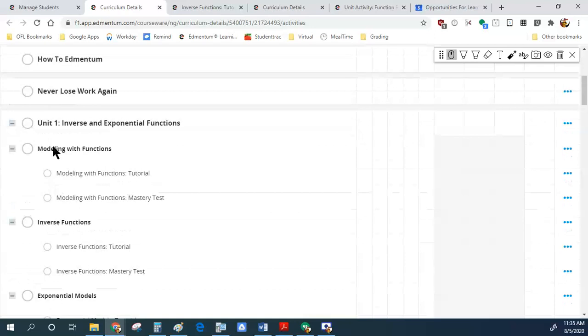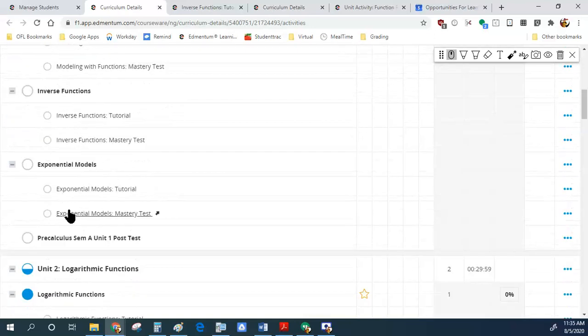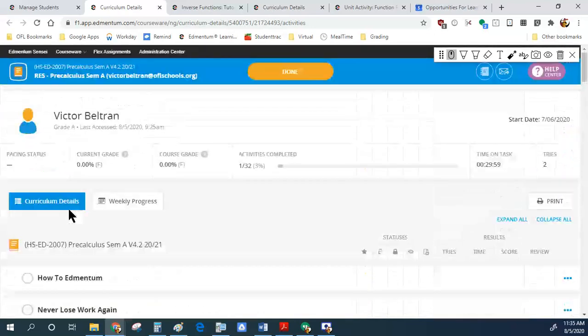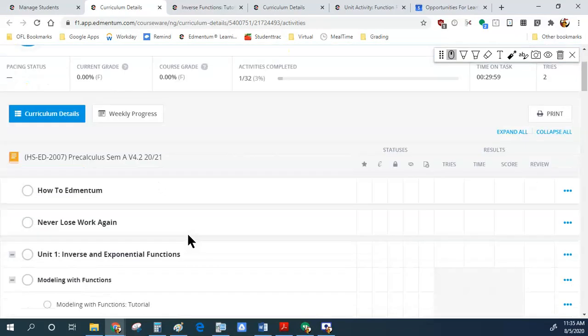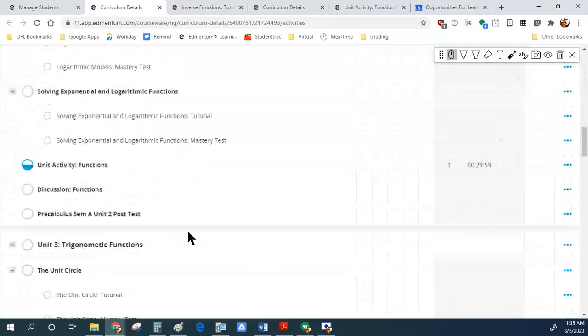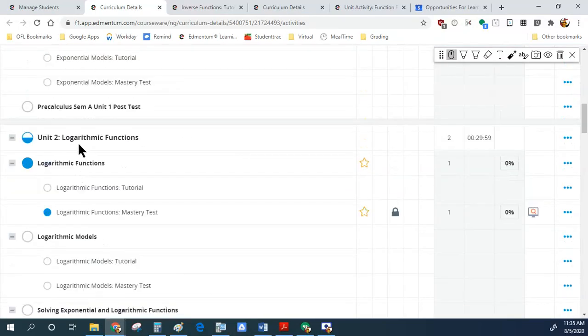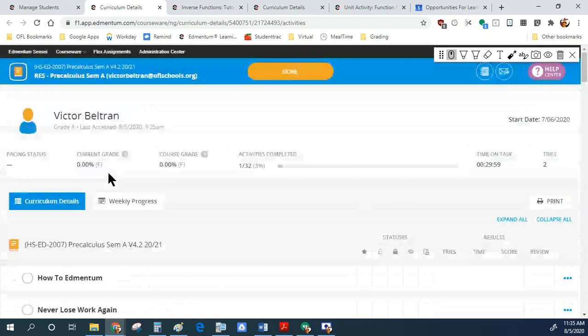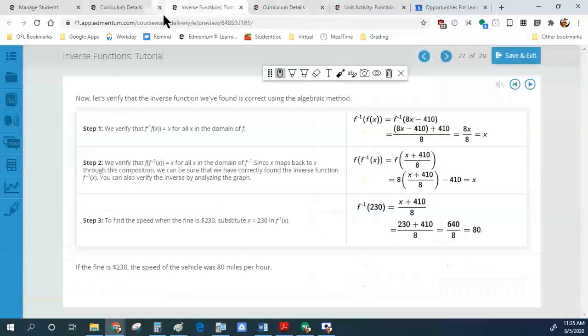There is no unit activity. Okay. Oh yeah, there's not a unit activity until Unit 2. Okay. So sorry about that, guys. You guys aren't going to have to plug in functions for your unit activity because there is no unit activity.